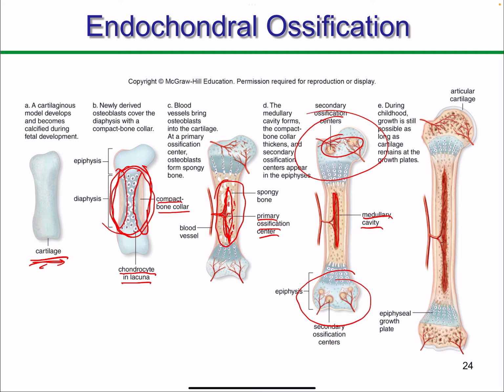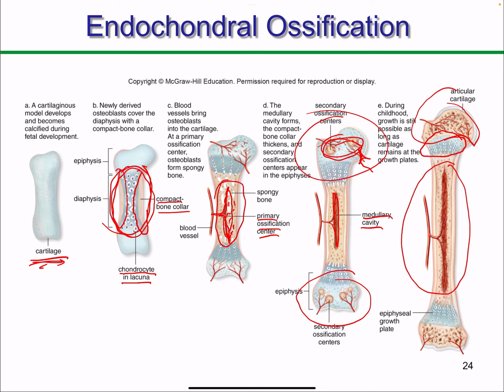Now, because of the nourishment that is needed, you have some blood vessels that are going to develop in these ossification centers.